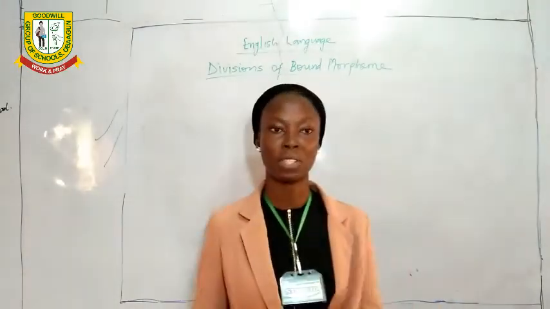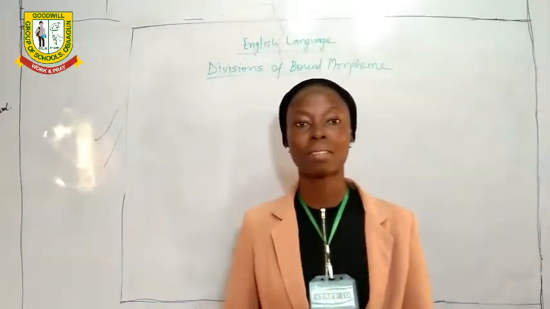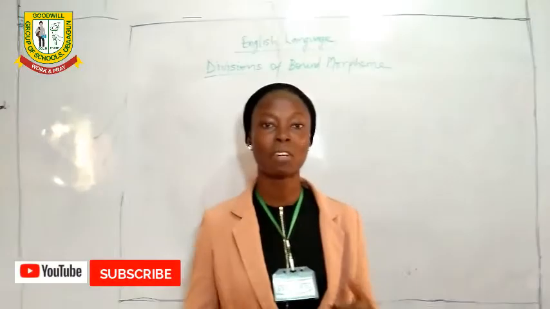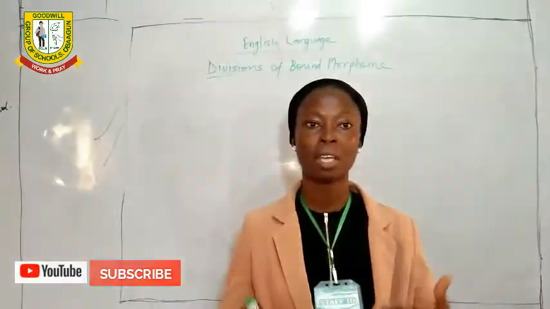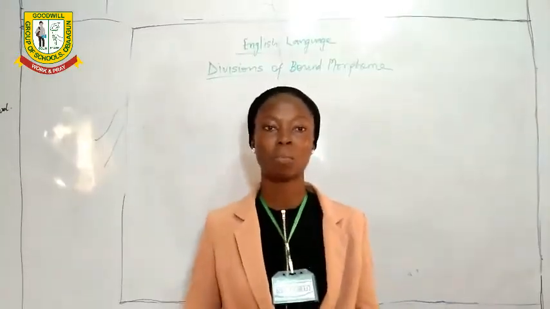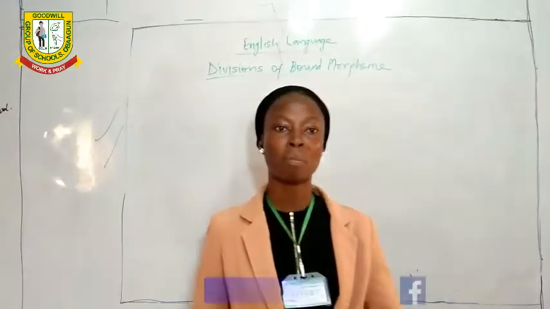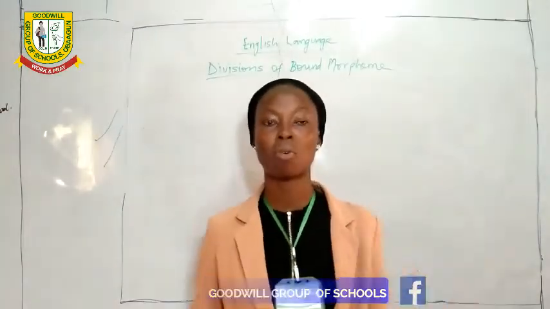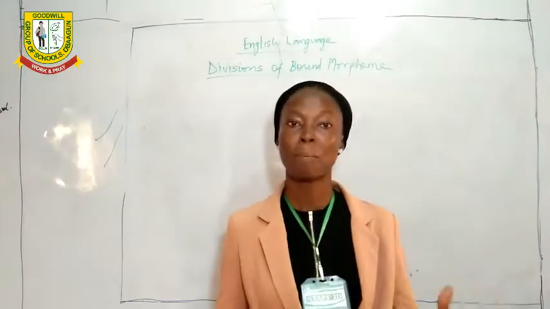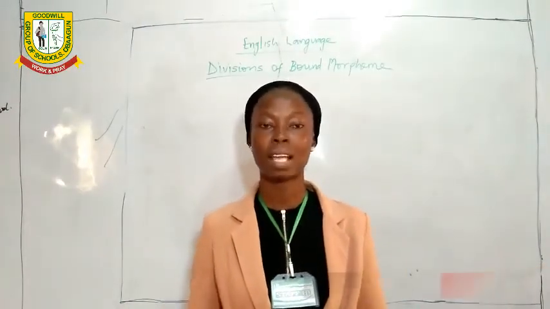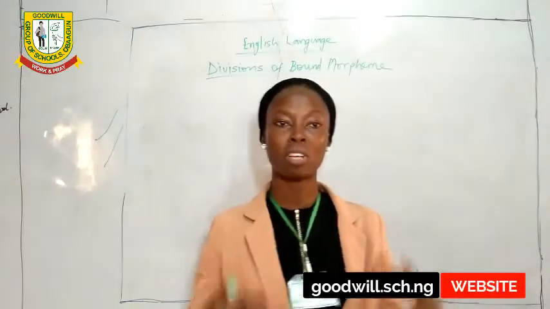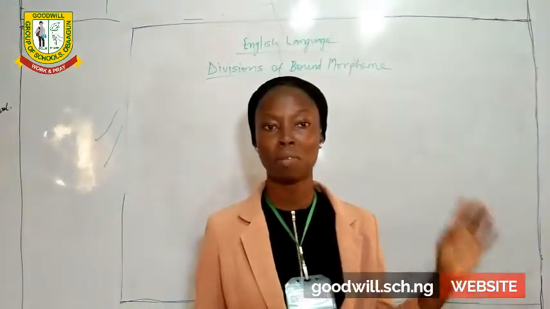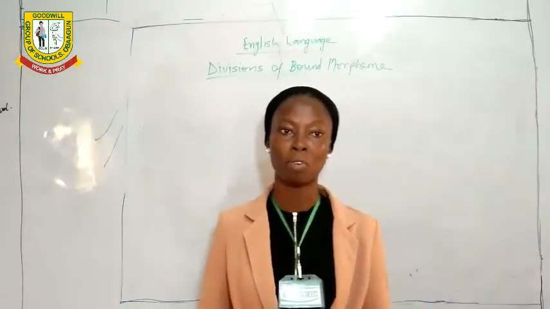A free morpheme was defined then as a morpheme that can stand on its own and enjoy an independent meaning, while a bound morpheme has to be added to a free morpheme for it to convey meaning. Examples in isolation were cited, but today we are to concentrate majorly on the divisions of bound morpheme.